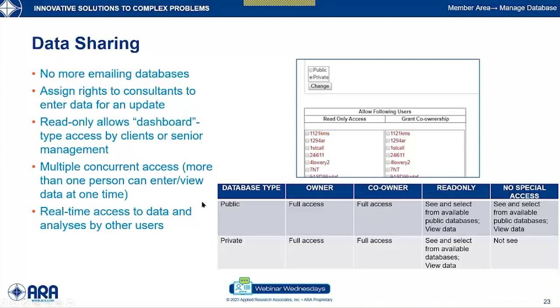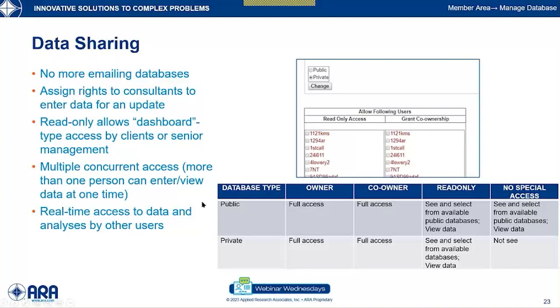So by sharing data and allowing the databases to be accessed by multiple people, this does a couple things for us. One, you don't have to email the databases back and forth. I know in the past, back when I started doing pavement management, instead of emailing data, we were actually burning pavement management data to CD-ROMs and mailing them to our clients so that they would have a copy of the data.